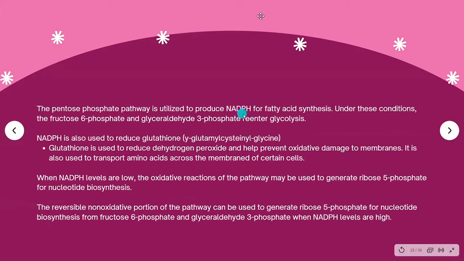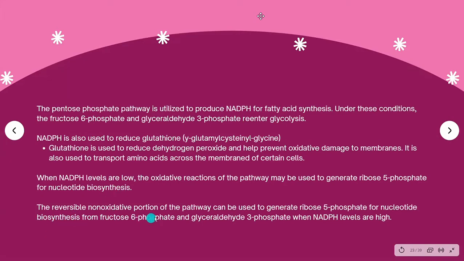NADPH for fatty acid synthesis. NADPH is also used to reduce glutathione. When NADPH is low, the oxidative reaction of the pathway may be used to generate ribose 5-phosphate for nucleotide biosynthesis.